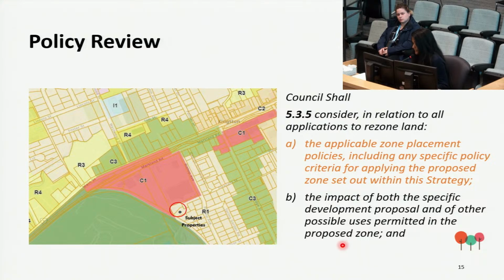And the next criteria of policy 5.3.5, consider in relation to all applications to rezone land the impact of both the specific development proposal and of other possible uses permitted in the proposed zone. So in terms of the uses, the proposal is to rezone the property from the R1 zone to the R3 zone.